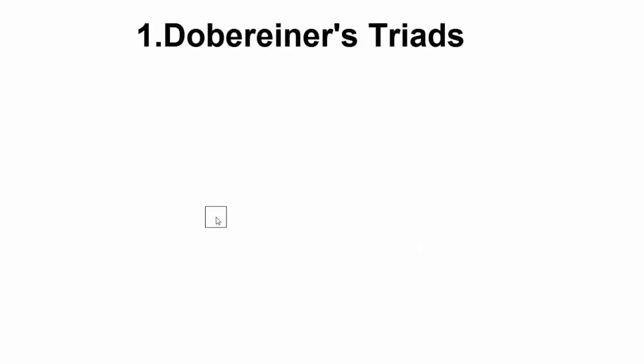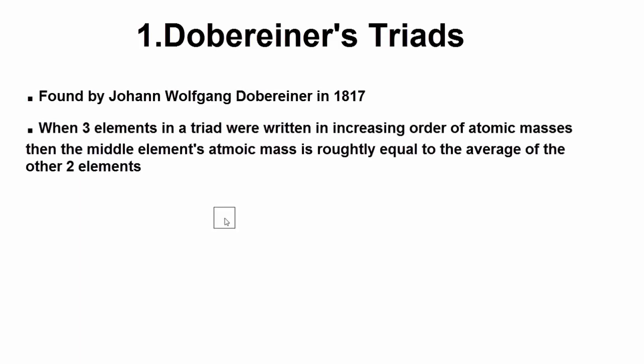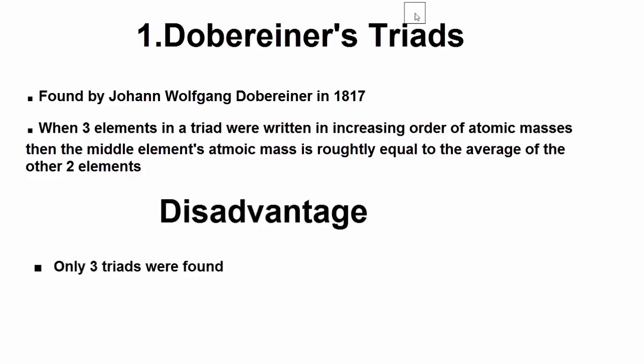Alright, so now many attempts have been made to classify elements. One such attempt was in 1817 by Johann Wolfgang Dobereiner. His theory was that when three elements in a triad were written in the order of increasing atomic mass, the mass of the middle element was roughly the average of the atomic masses of the other two elements.